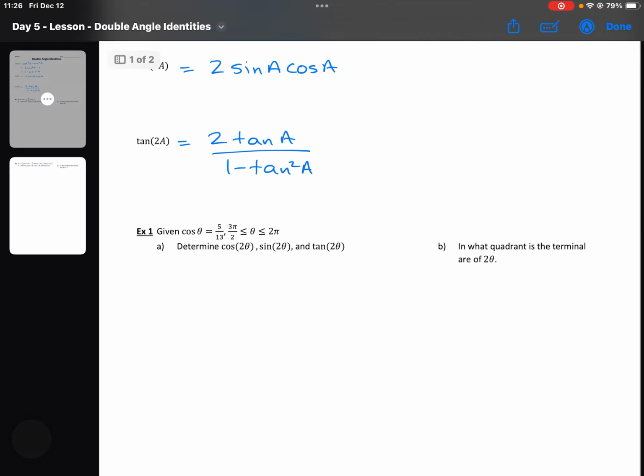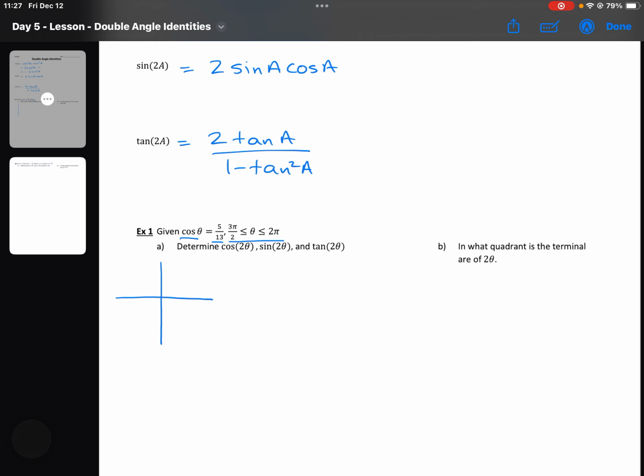So what we're going to do is practice doing some algebra and evaluating the trig ratios for double angles. In this first example, we're given that cos theta is equal to 5 over 13, and theta is between 3 pi over 2 and 2 pi. The first thing I'm going to do is draw out what that says.